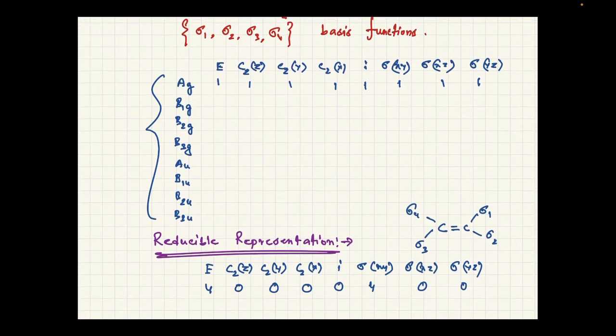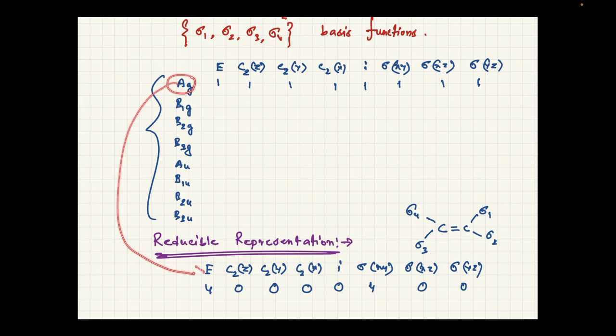What is the formula for the contribution of each irreducible representation to any reducible representation? So let's say this is gamma reducible, capital gamma. And this is, let's say, gamma I.